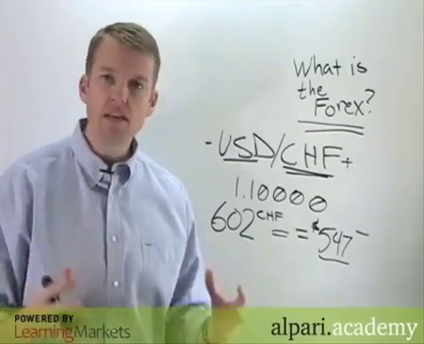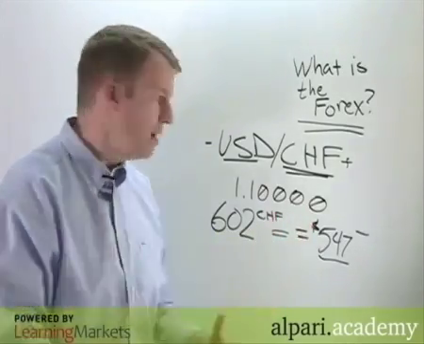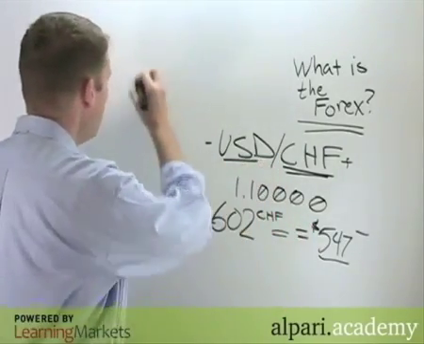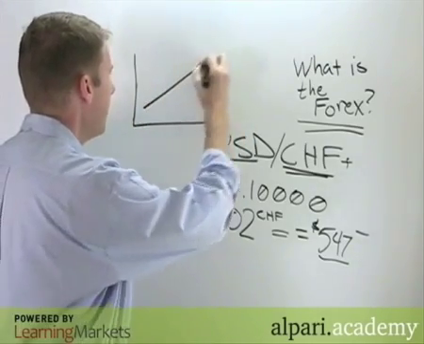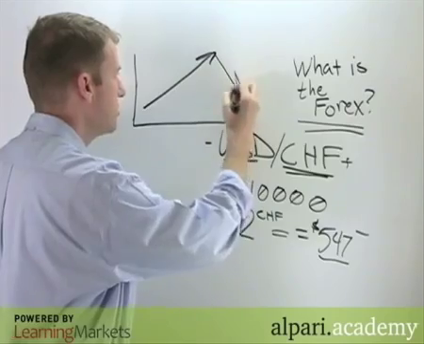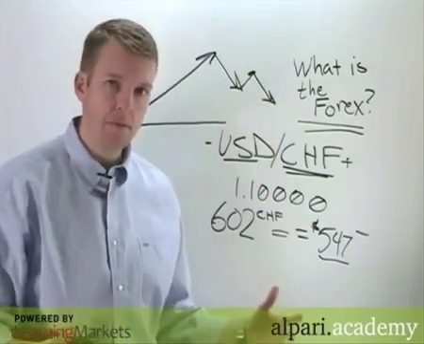Now, the way that you'll see this actually charted, like any other capital market, is you'll see we've got our chart here, with the X and Y axis, and you'll see trends that look like this, just like anything else that you would see in any other capital market.